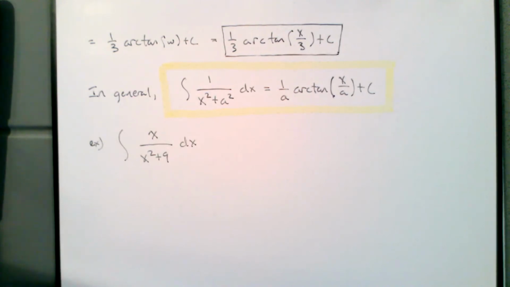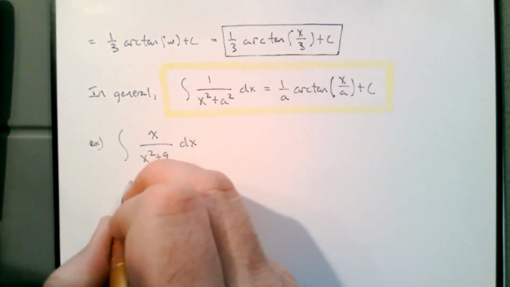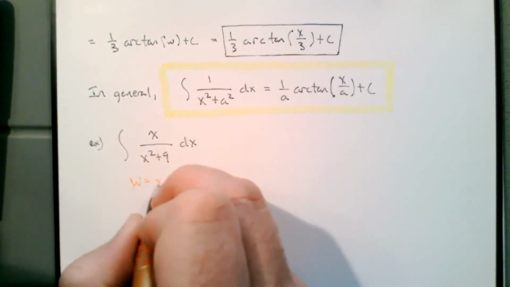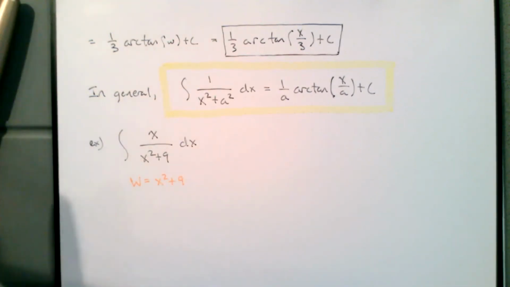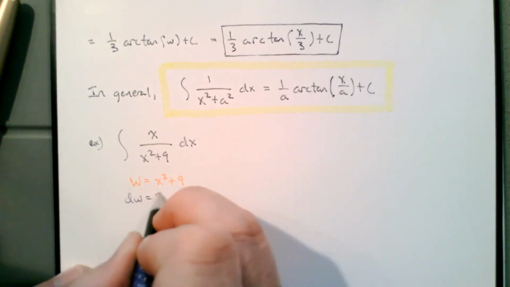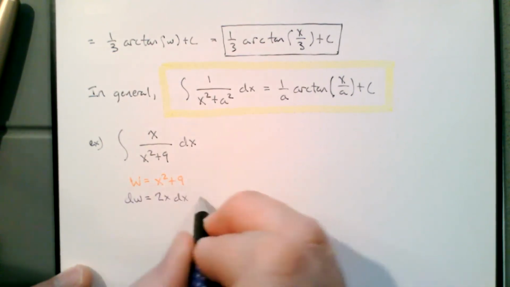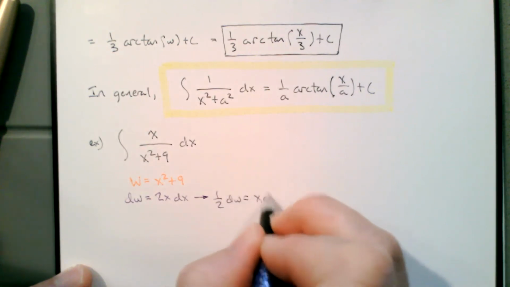The +9 is not going to be any different than a +1 because we made the substitution w equals x squared plus 9, and the +9 is not involved in the dw. So dw is 2x dx, and so a 1/2 dw is x dx.